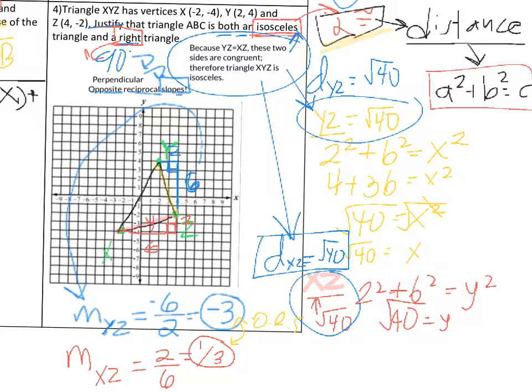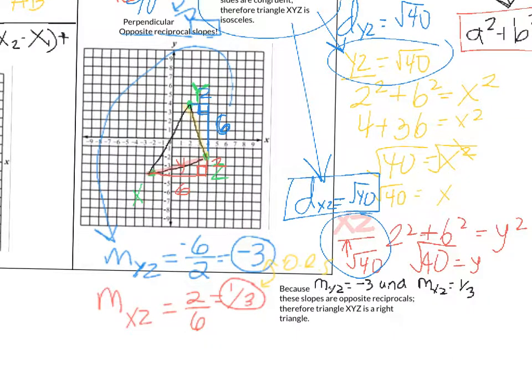So our work is there, but again, because they said we must justify our work, we have to give a written explanation that proves what our work shows. So that might be: because the slope of YZ is -3, and because the slope of XZ is positive 1/3, these slopes are opposite reciprocals, therefore triangle XYZ is a right triangle.